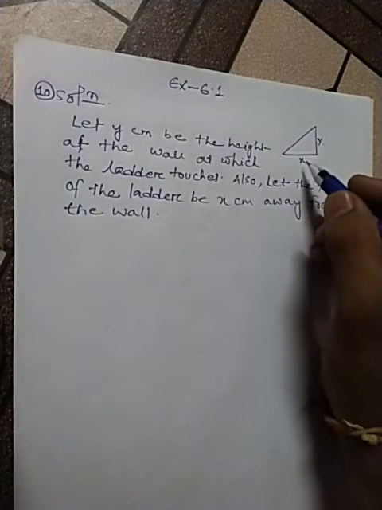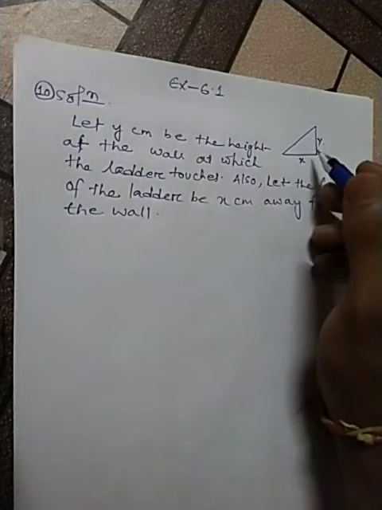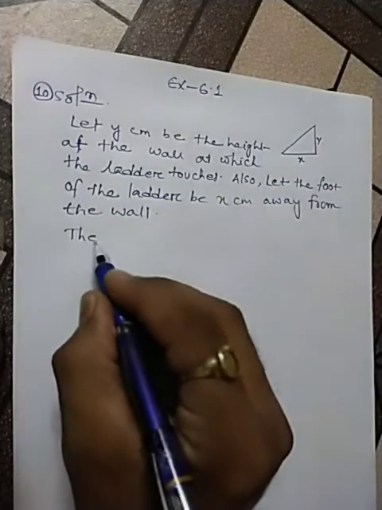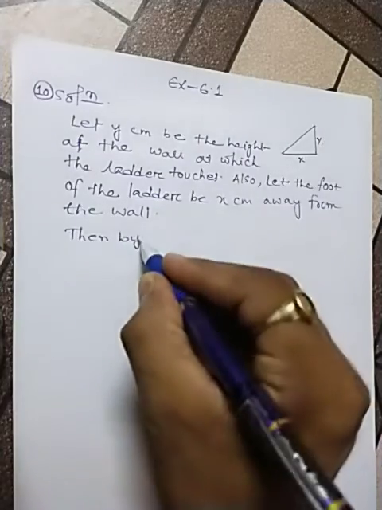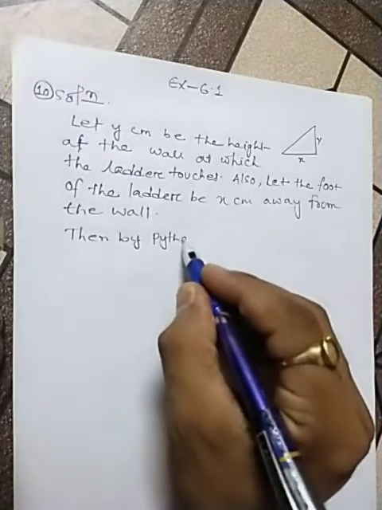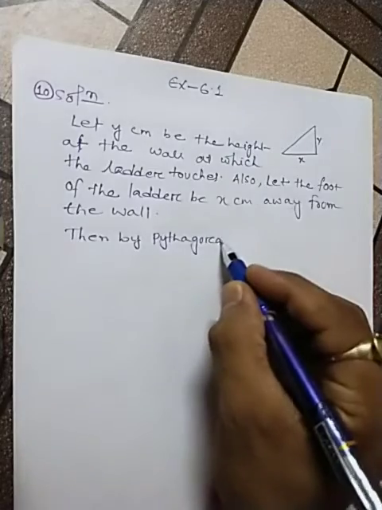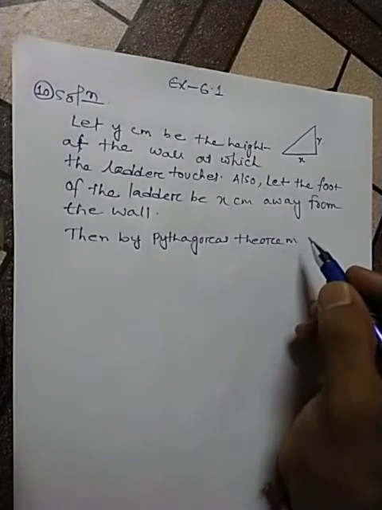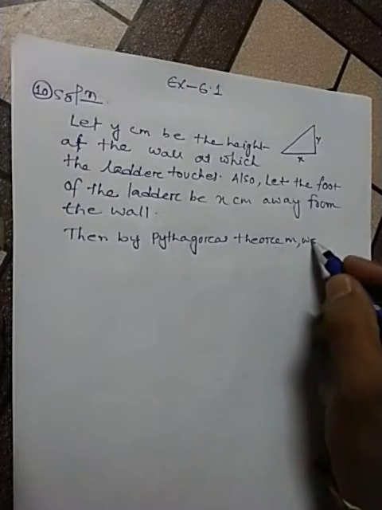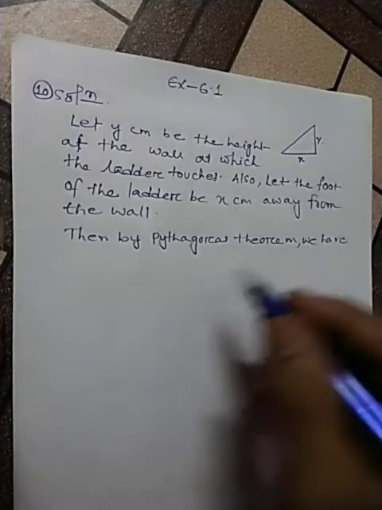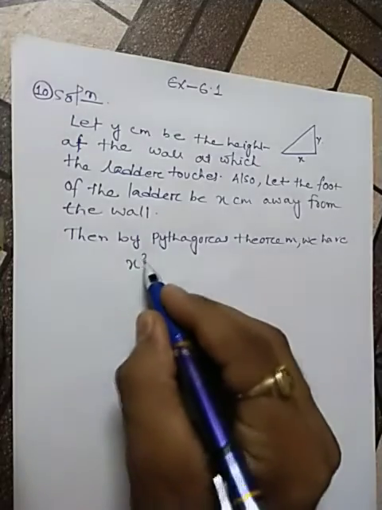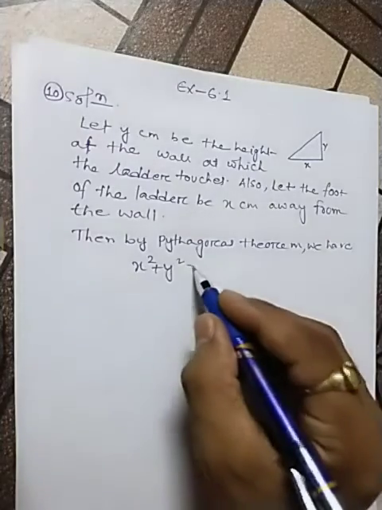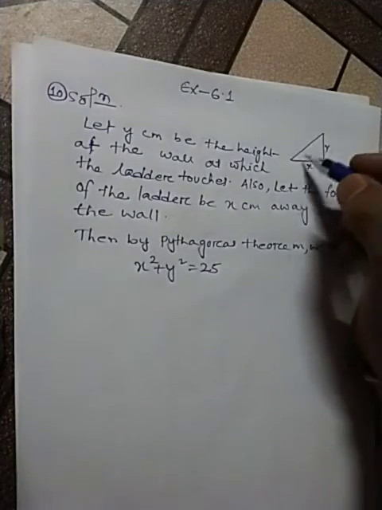See, this is x, this is y, so you can use Pythagoras theorem here. By Pythagoras theorem, what will you have? x square plus y square equals 25, because the ladder is 5.